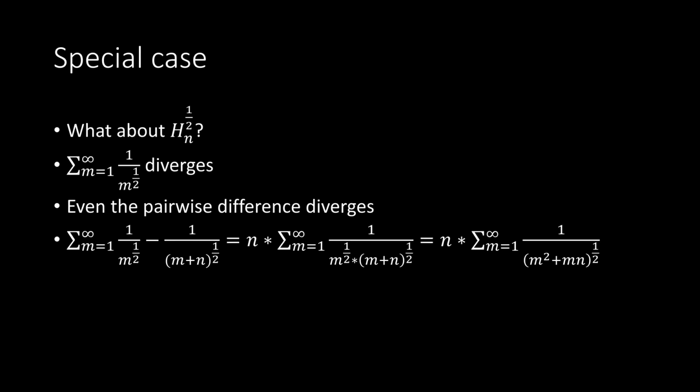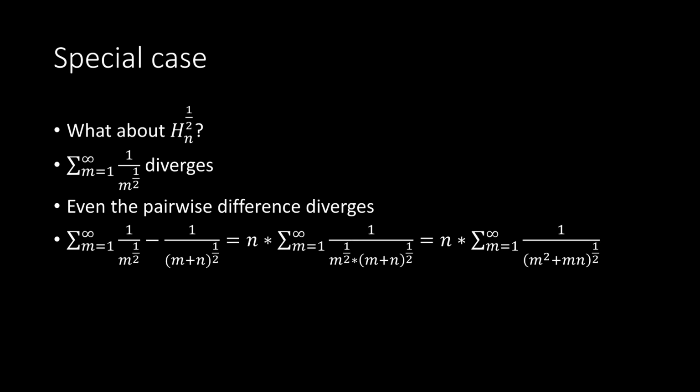So you see we have on the very right side m squared plus m times n to the power of 1/2. So let's just ignore the m times n for the moment. So we get to around 1 divided by m if we take the square root of m squared.